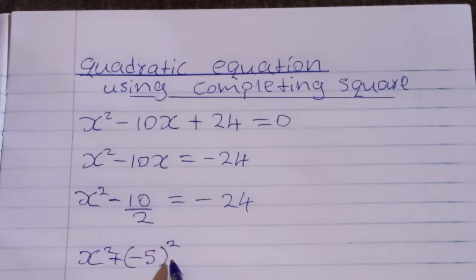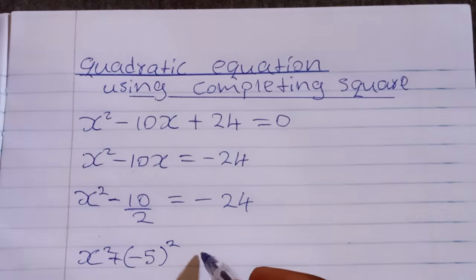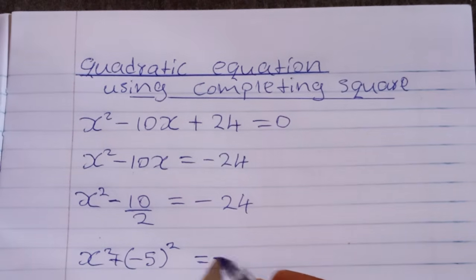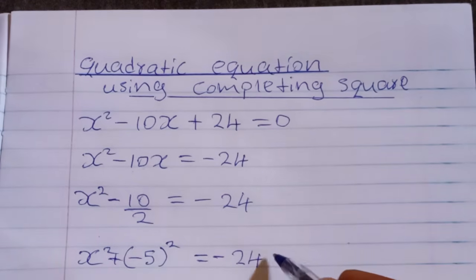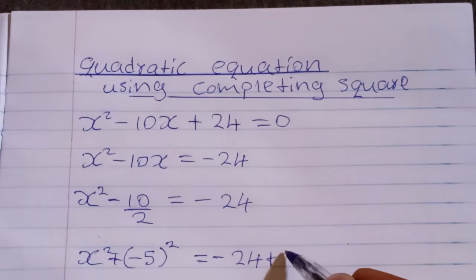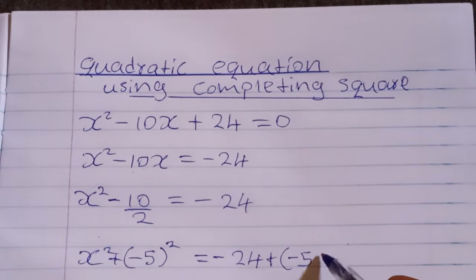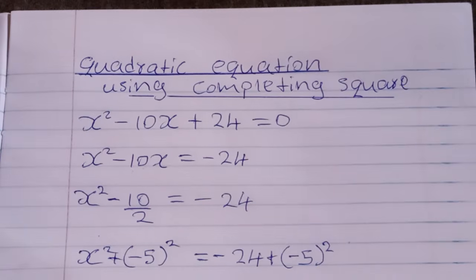Then you square it. Then you do the same on the other side. You say equal to negative 24, then you say plus, open bracket, negative 5, then you square it.